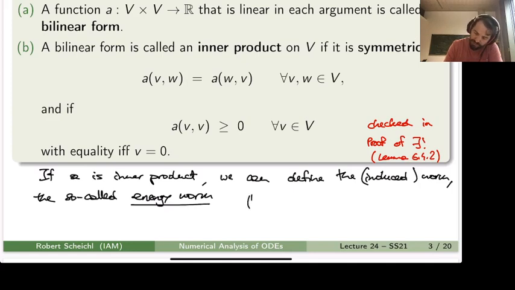So we denote it by subscript A for the bilinear form, and it's essentially just defined as the square root of A(V,V).